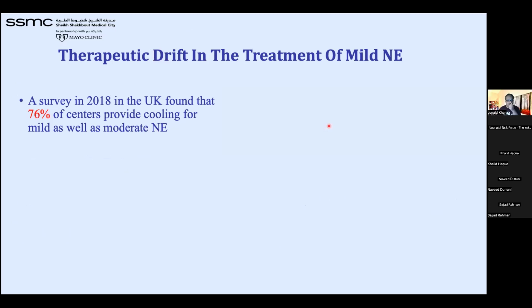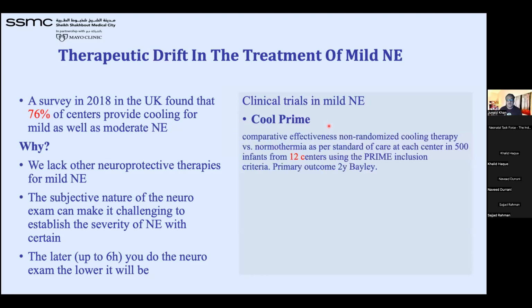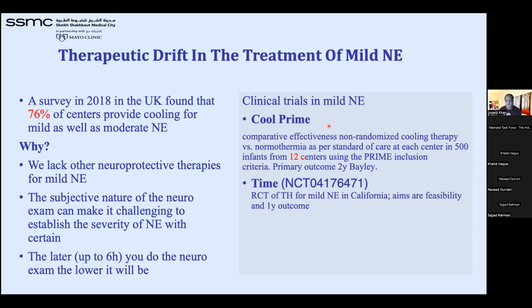So there are a few trials going on now. One is the Cool Prime trial, a comparative effectiveness, non-randomized study of cooling therapy versus normothermia, in 12 centers, with primary outcome at 2-year Bayley. Another one is the TIME trial, an RCT of hypothermia for mild NE in California, with aims of feasibility and 1-year outcome.